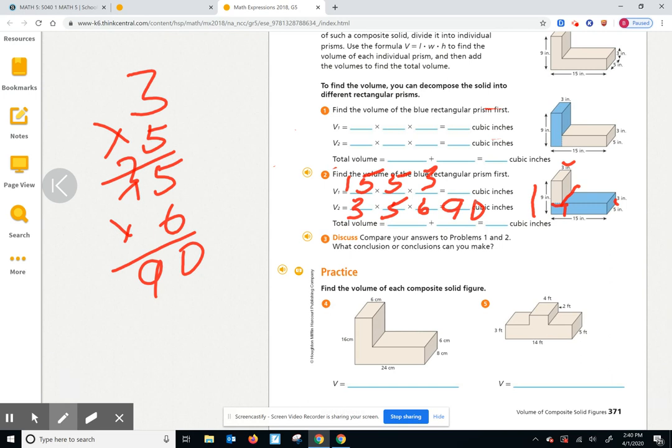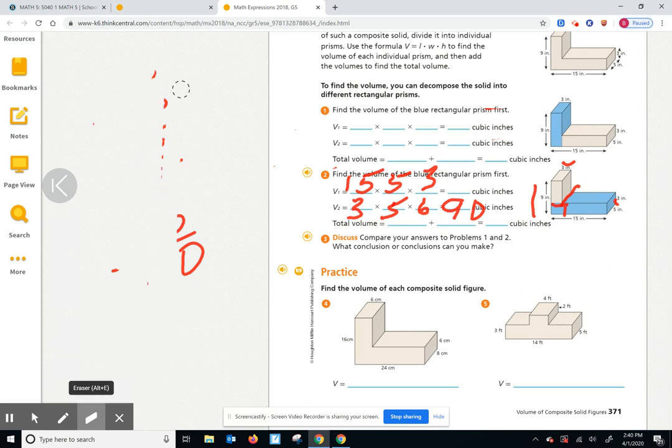Okay, and now the top rectangular prism, again, a little bit more difficult because we are using some bigger numbers here, but I'll clear out our space and get us an opportunity to try and identify what we're doing here.